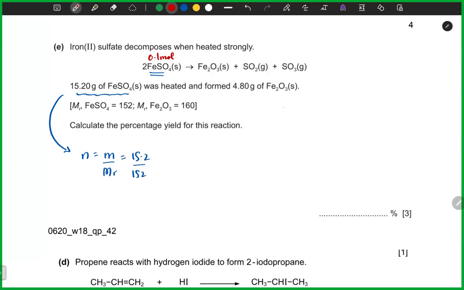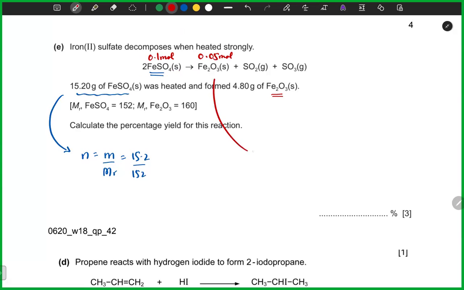So what is the mass of Fe2O3 that should be formed? What's the ratio? That's 2:1, right? It should be half, so 0.1 divided by 2 times 1. So the moles are going to be 0.05 moles.